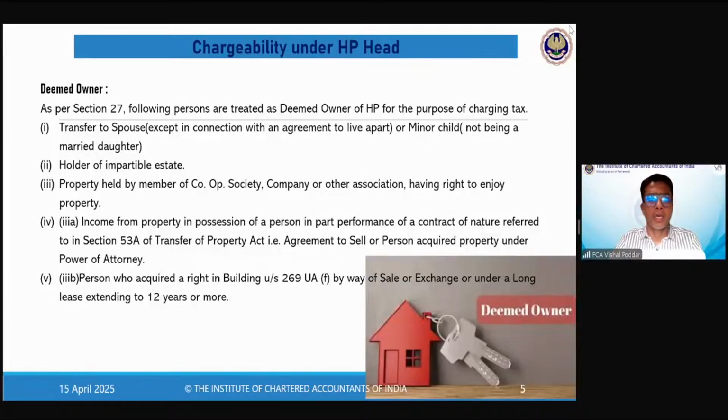Okay, students, if anybody has a question, please ask me. These are the same points that we discussed in the previous class. I'm just repeating them. If anybody has not understood any of these points relating to the charging section, you may raise your hand and we can discuss.